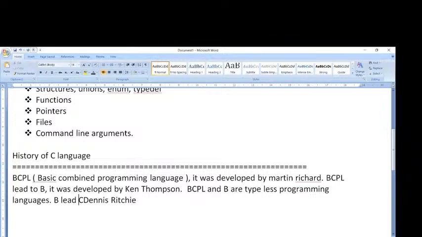It was developed by Dennis Ritchie in the year 1972 at AT&T Bell Laboratory. Bell Laboratory is the laboratory name.